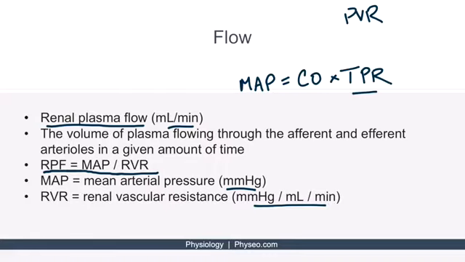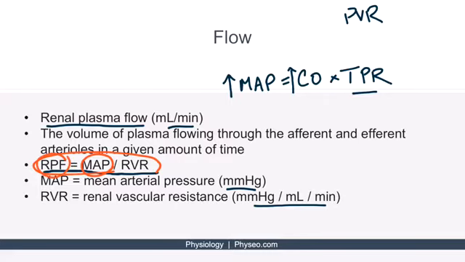Okay, so this makes sense. If the cardiac output, or the amount of blood leaving the heart, is increased, then the mean arterial pressure will also increase. We know from this equation that mean arterial pressure is proportional to renal plasma flow.